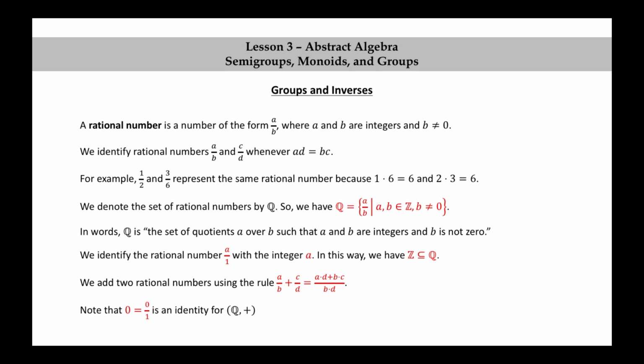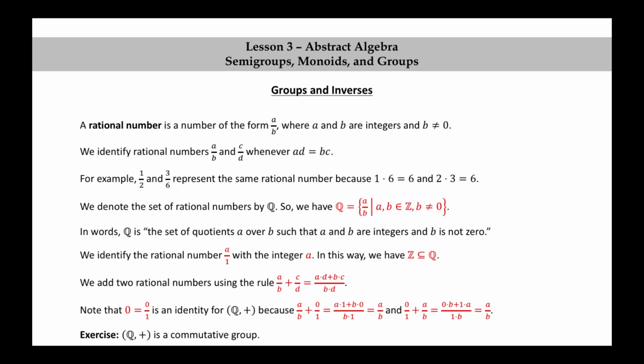Note that 0, which is 0/1, is an identity for the set of rational numbers together with addition. Because a/b + 0/1, by our definition, is equal to (a times 1 + b times 0) over (b times 1), which simplifies to a/b. And 0/1 + a/b is, again by our definition, (0 times b + 1 times a) over (1 times b), which again simplifies to a/b.